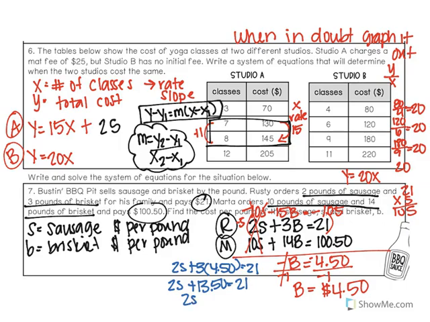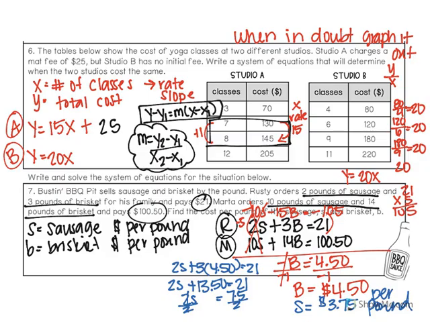I would subtract 21 minus 13.50, and I get 7.5. I then would divide by 2 and divide by 2 to isolate s, and s is 7.5 divided by 2, and that comes out to be $3.75. That is per pound. So there's multiple ways that you could have solved this.